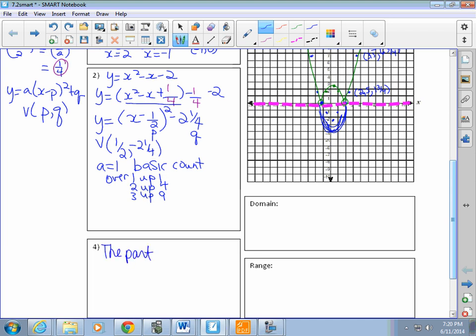So the part that was below the x-axis is reflected above.